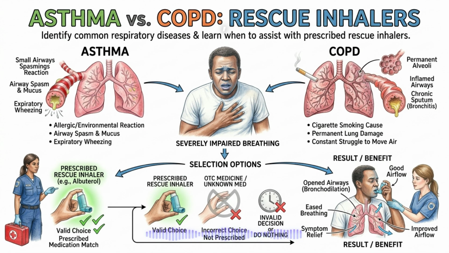COPD is usually caused by years of cigarette smoking, resulting in permanent lung damage and a constant struggle to move air. Both conditions frequently require patients to use prescribed rescue inhalers, which you can assist them with if their breathing becomes severely impaired.